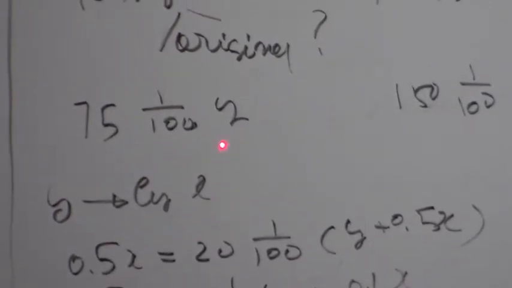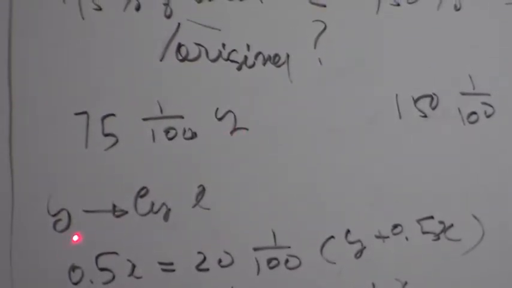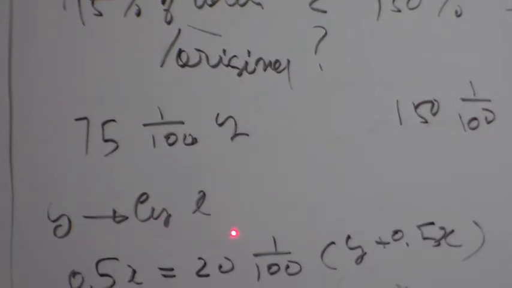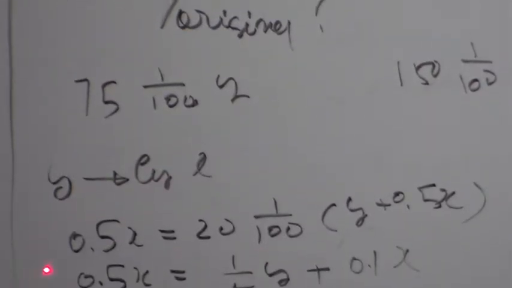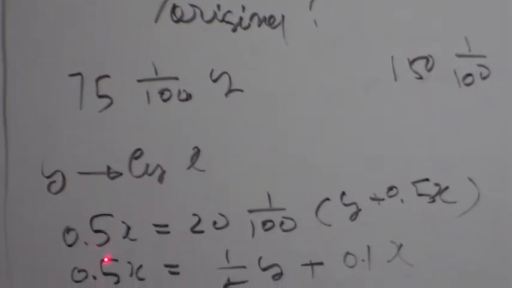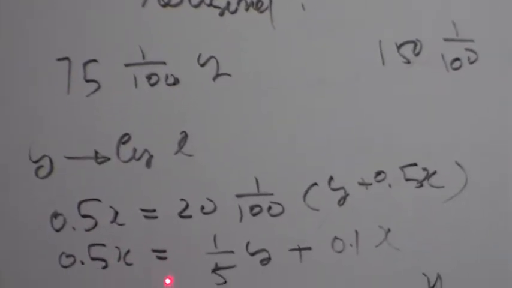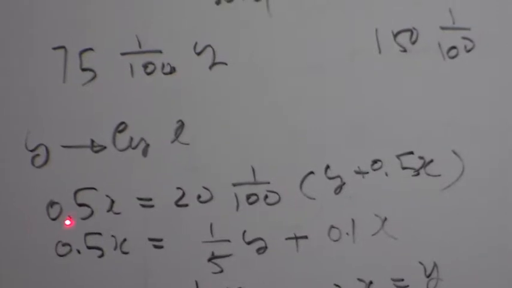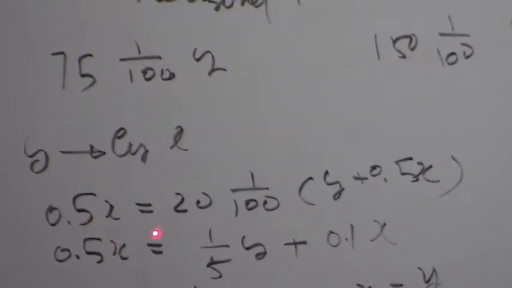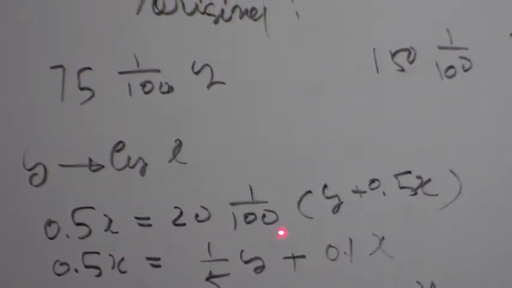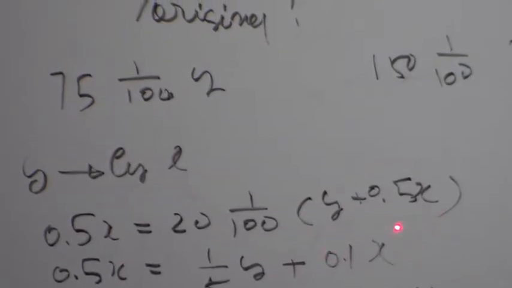We can change y in terms of x, right? From the given condition, after Judy gave 50% of her money, she has 20% of Adam. So Judy has 0.5x, which is 20% of Adam, this much that Adam has right now.